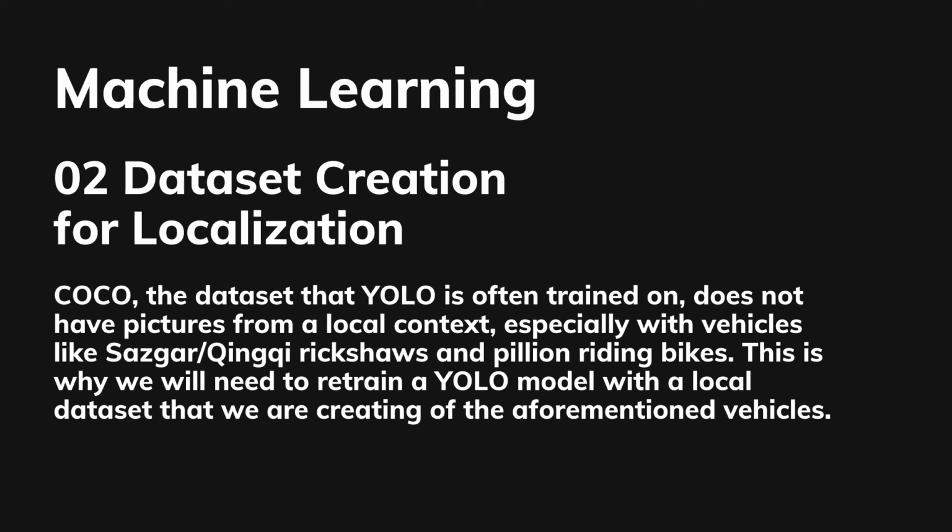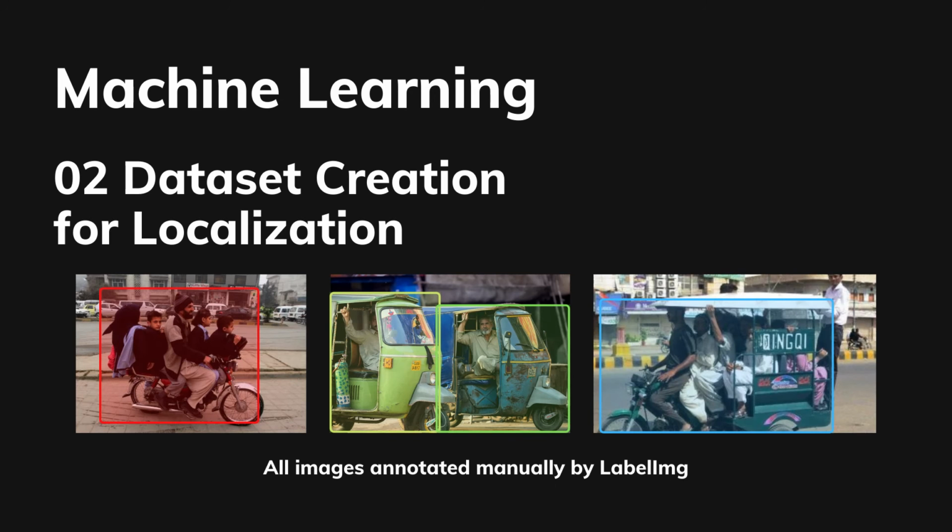This is why we will need to create our own dataset and then retrain a YOLO model with that dataset. So we then set out to create the whole dataset ourselves by manually sourcing and annotating images using a software called LabelImg to get examples that are often not found in datasets available across the internet currently.